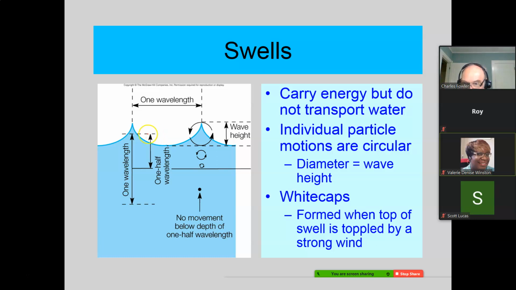Half of a wavelength would be right around here, and at that point, I don't know why they put it down here, but at that point you get basically no more motion. No circular motion. The water's just doing whatever it was going to do. Sitting still, moving in a current, whatever it was doing, it's going to do here, not affected by the wave at all.